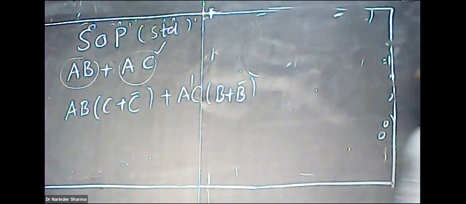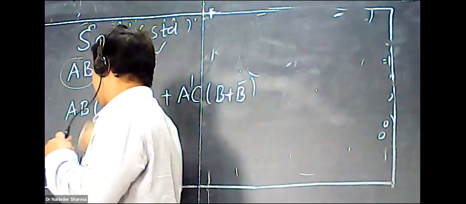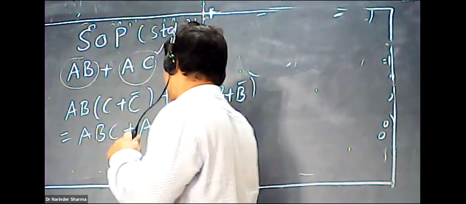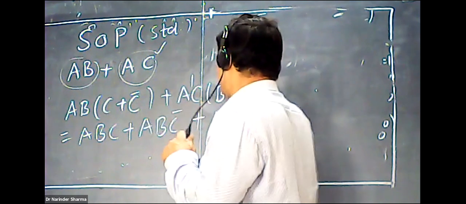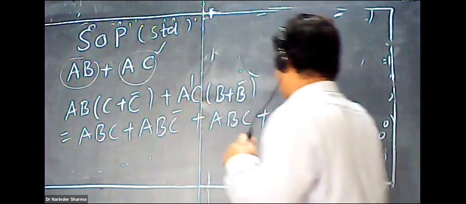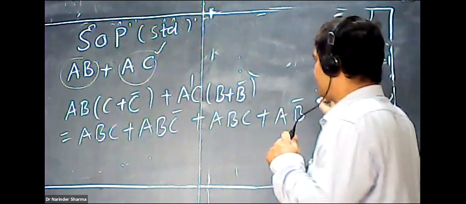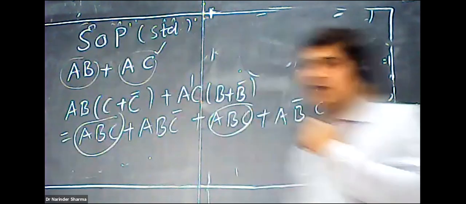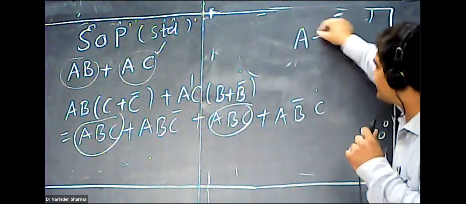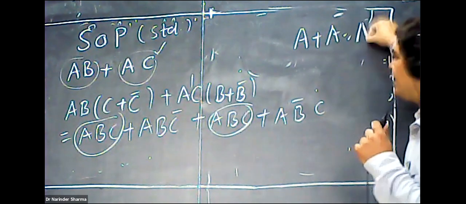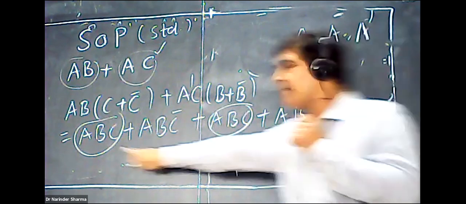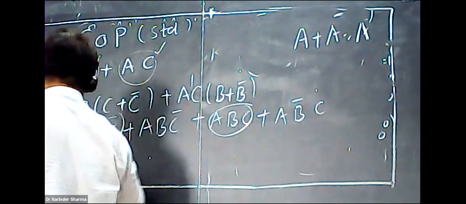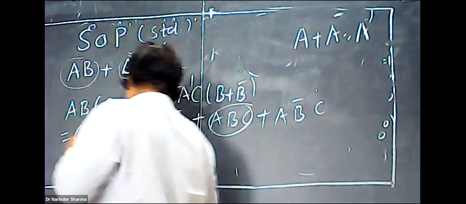It would be ABC plus ABC bar plus ABC plus AB bar C. ABC and ABC: we have already learned A plus A equals A. Similarly, ABC plus ABC can be said to equal one term, ABC.